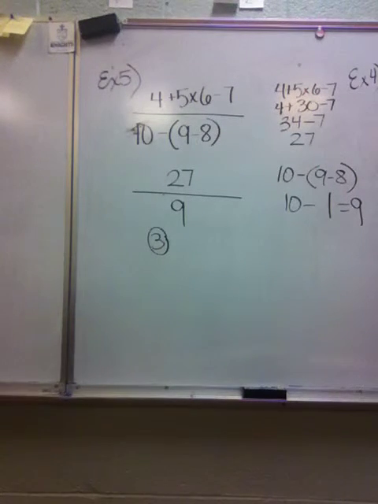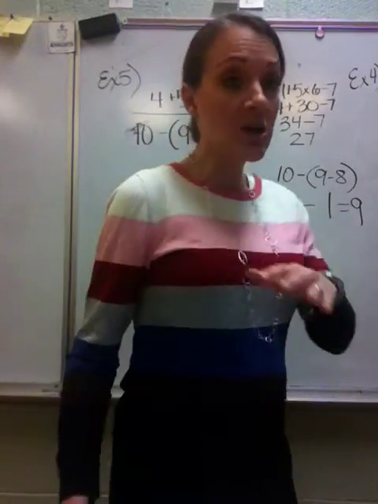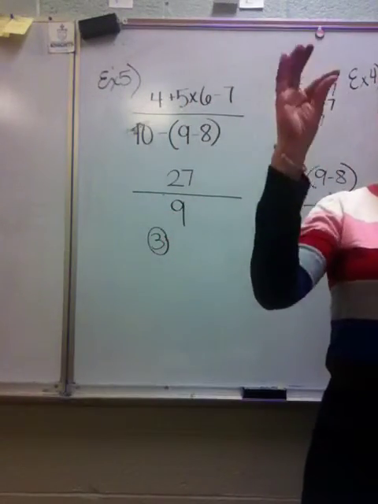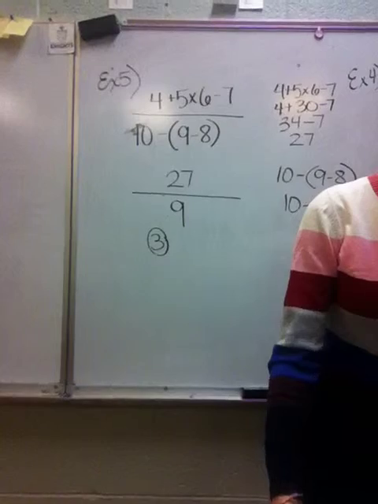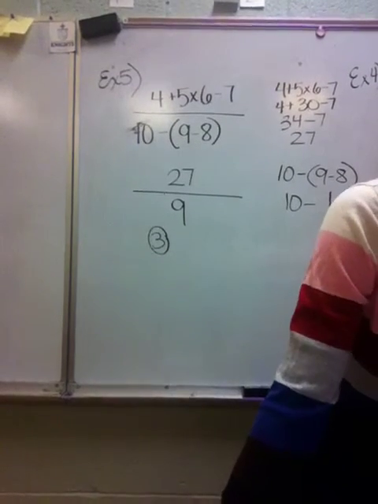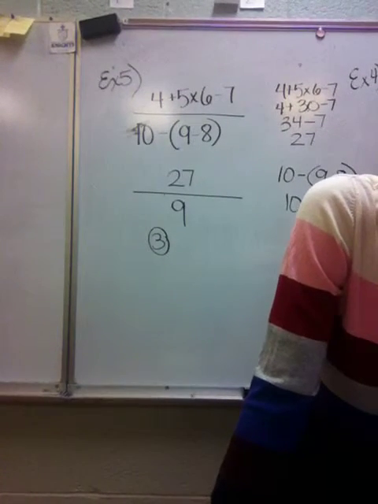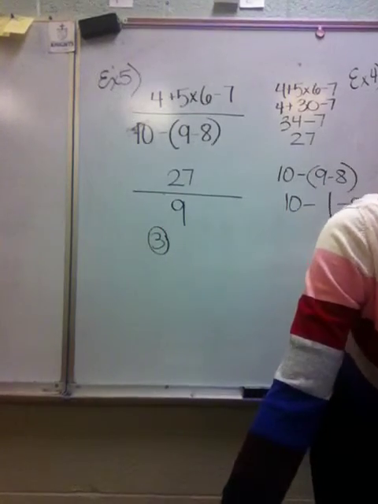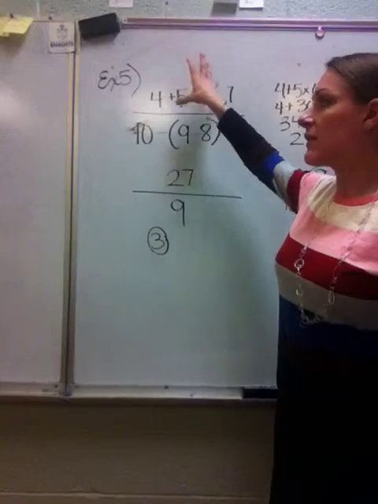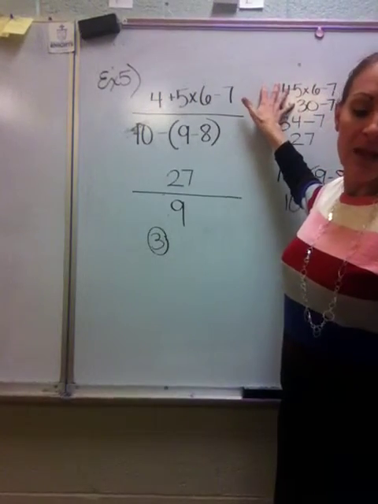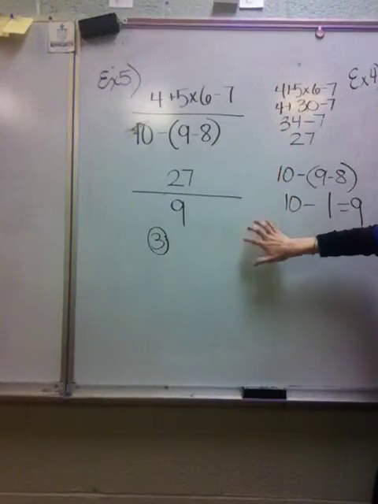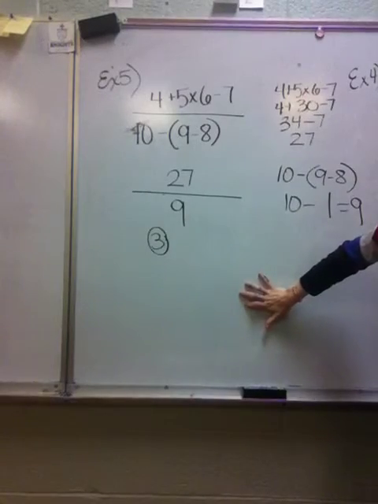We're not justifying. I don't need you to write me a justification. I need to know that you can solve these appropriately. So I want you to solve them: rewrite the problem and then simplify each step of the way down. Does that make sense?